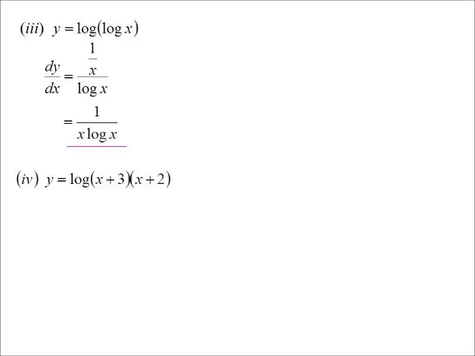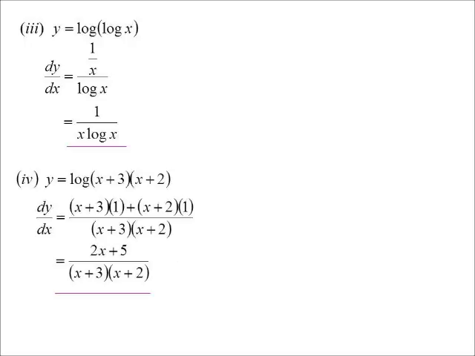The log of x plus 3, x plus 2. Okay. Derivative over the function. Now, when I do the derivative here, I'm going to use the product rule. So write down the first, diff the second, plus write down the second, diff the first. Tidying the top up, I get 2x plus 5.